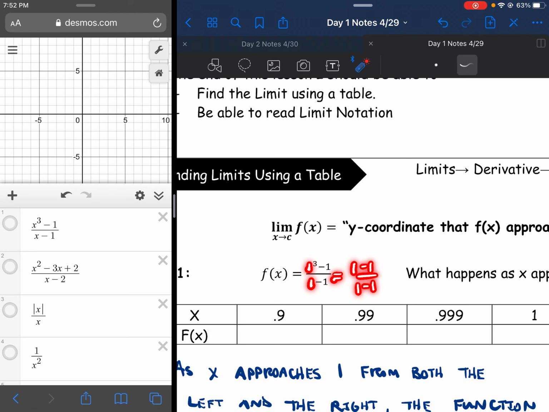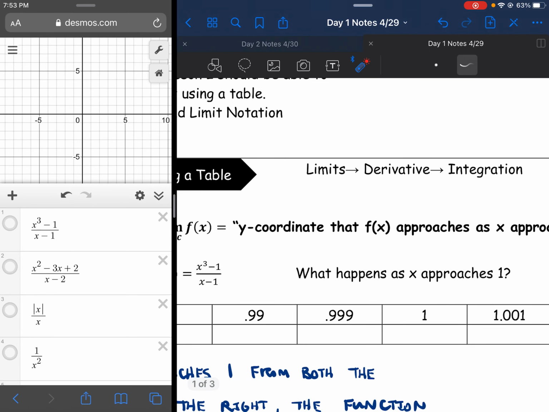We get 1 minus 1 over 1 minus 1, that'd be 0 over 0, which is undefined. 0 over 0 is an undefined value. So at 1 specifically, this function is undefined. So we can't rely on what the function is at 1 specifically.